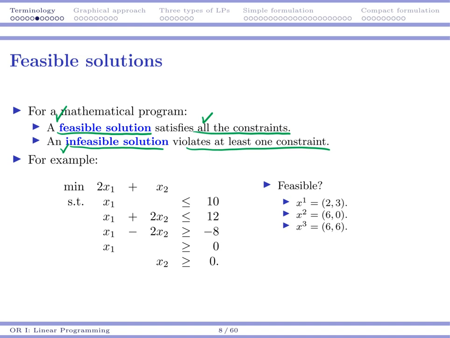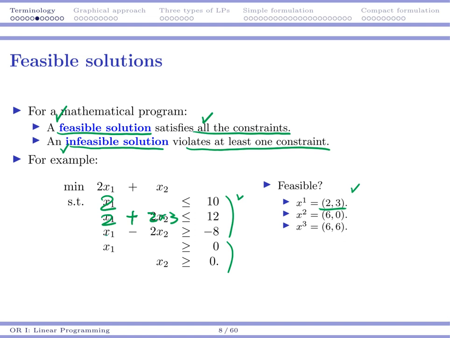So an example is here. We have 3 functional constraints and 2 sign constraints, and we have several candidate solutions. For example, x1, which is (2, 3). If you plug in 2, 3 into these functions, you may see that 2 is less than or equal to 10. This is fine. For the second one, 2 plus 2 times 3 is still feasible.